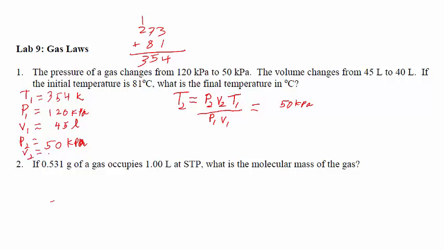V2 equals 40 liters. Times 40 liters. And then you have T1 times 354 Kelvin. Over P1 is 120 and V1 is 45 liters.